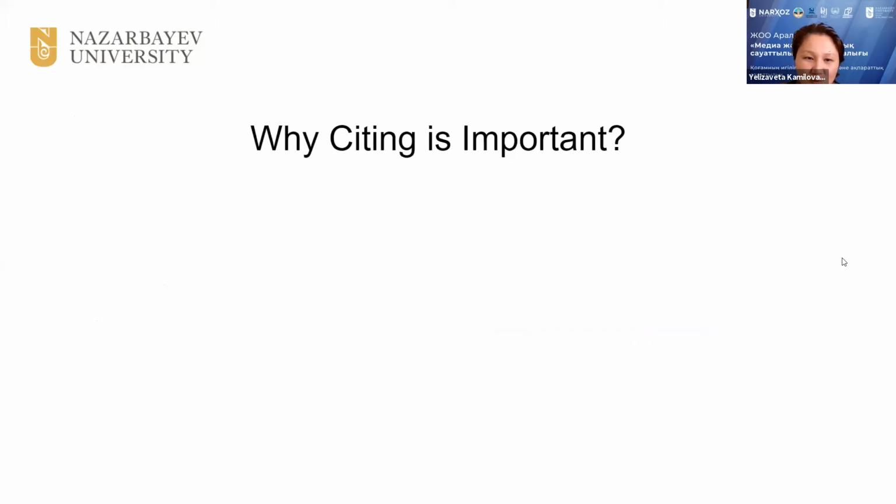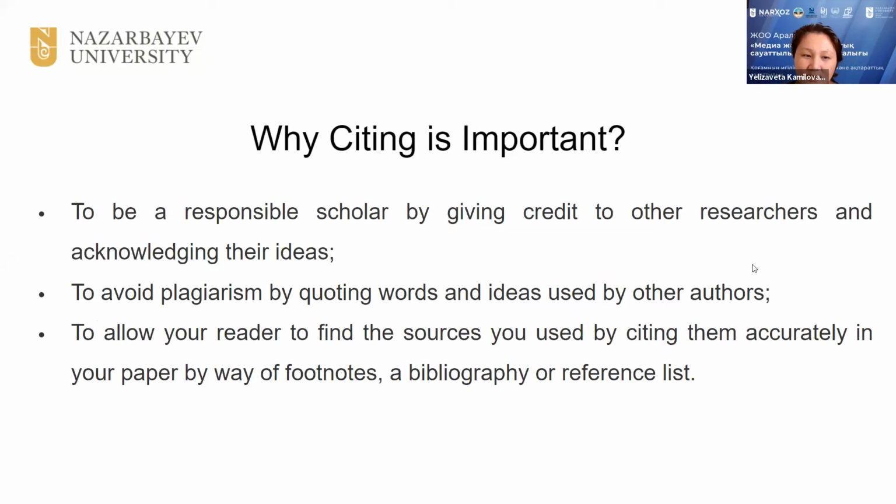Here we have another question, which is why citing is important. And we have the following answers to that. We need to cite the information in order to be a responsible scholar. By doing that, we give credit to other researchers and acknowledge their ideas. Secondly, we cite the information in order to avoid plagiarism when we quote words and ideas used by other authors.